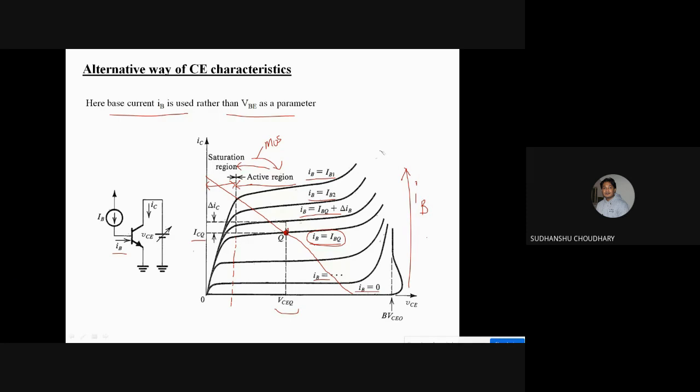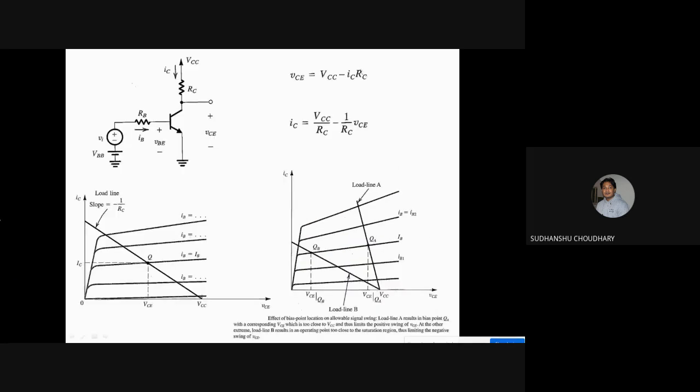Okay. Now the other way to bias the transistor that we had already studied is by connecting a DC battery at the base terminal. Right. So this VBB is the source which actually biases this transistor in forward active mode, let us say. Now this VBB, the job of this biasing voltage is also to produce some biasing current IB.